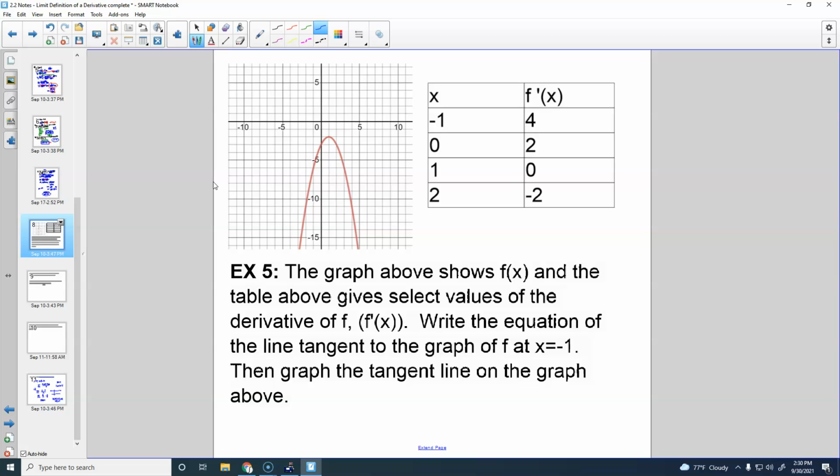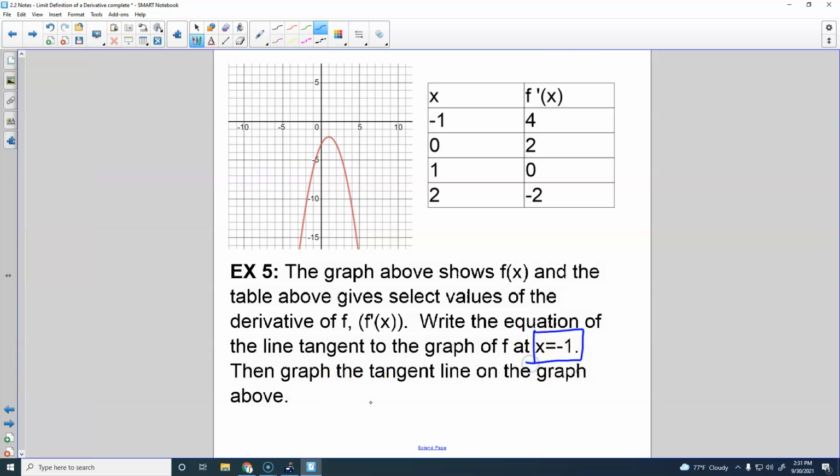Okay, so this one's quick. So we need two things to write the equation of a tangent line. We are looking at x equals -1, so we need a point, which is our f of -1. What is our f of -1? Alright, Thomas is right, it is -6.